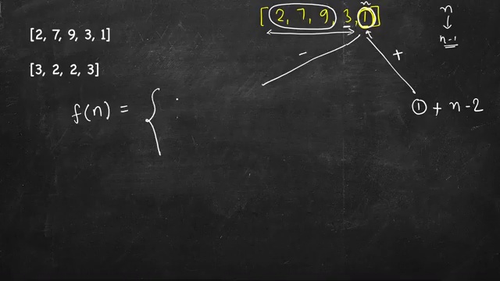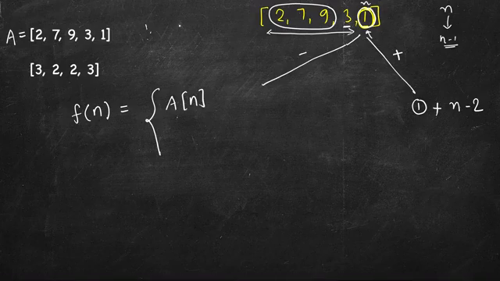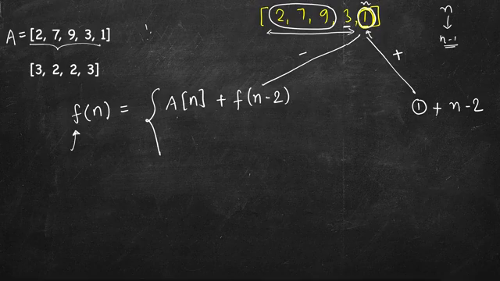If the nth house is robbed, we get this, let's call it An, plus Fn minus 2, where F is the optimal solution for these n houses, the largest money that the robber can get. So this is one possibility, when the robber decides to rob the last house.